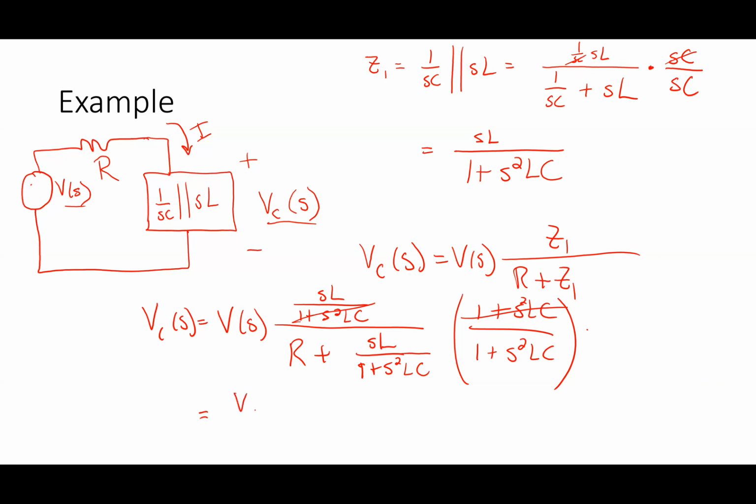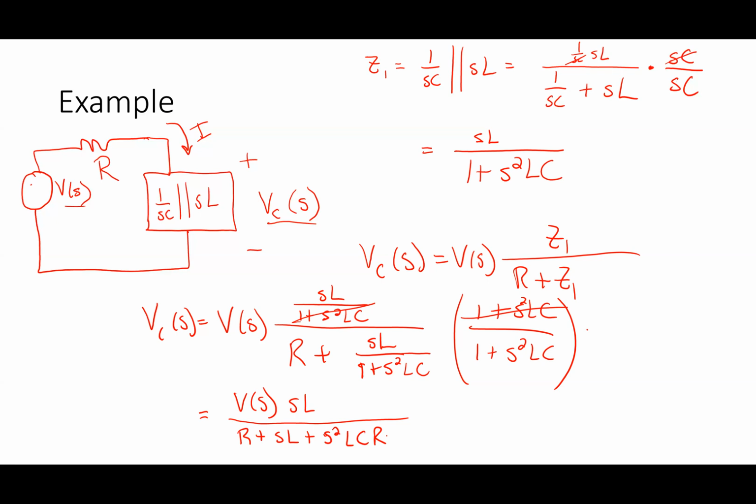So I've got V of S times SL on the top. What happens on the bottom? Yeah, these guys cancel, and then this times that, right? So it basically becomes R plus SL plus S squared LCR, like that.